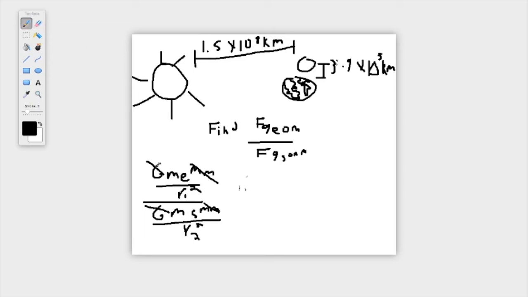So I'm going to rewrite this as M_E times R2 squared over M_S times R1 squared, and that is the answer. And then when you plug in everything, you should get a ratio of around 0.44.